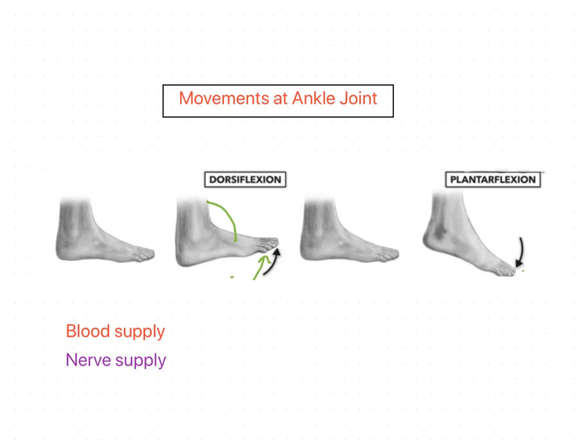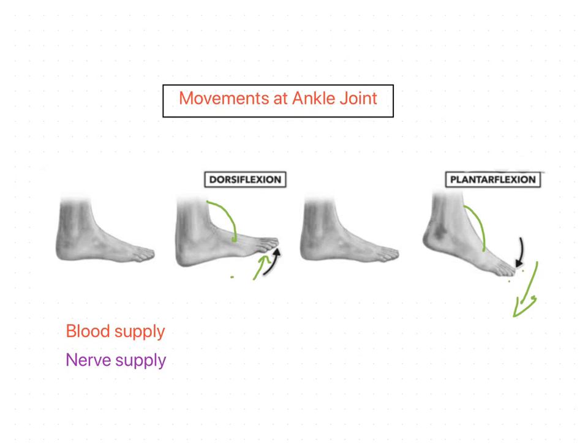It is a close-packed position with maximum congruence of the joint surfaces. The next movement is plantar flexion. The forefoot is depressed and the angle between the leg and the foot is increased. So these are the movements taking place at the ankle joint.